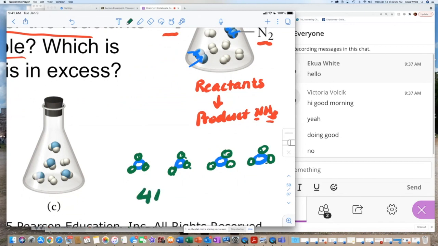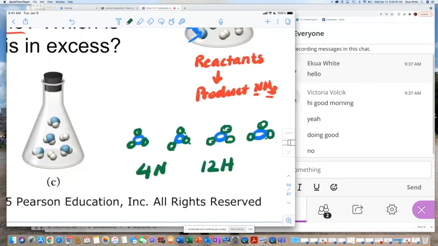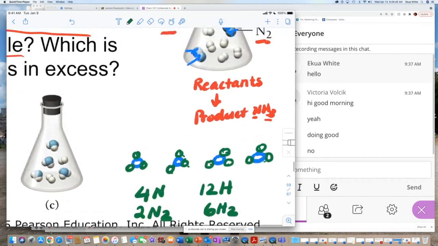So I end up with 4 N's, not N2s, right? And then 12 H's. But when you look at them as diatomic, this ends up being 2 N2 and then 6 H2, right?